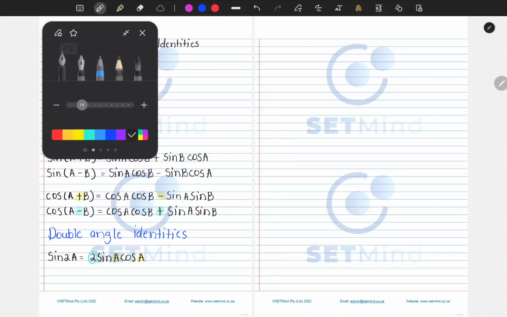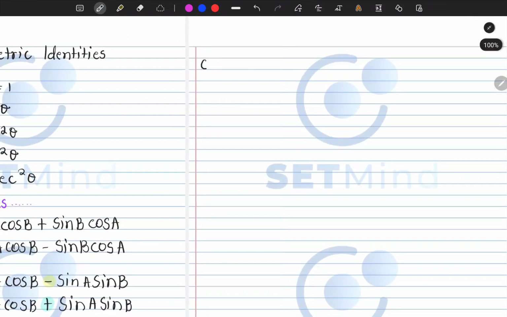What about cos? For cos, if we have cos of 2A, we have a couple of them. The first one, you can write as cos squared A minus sine squared A. That is the first one. And then the second one, let me just write them as separate lines.